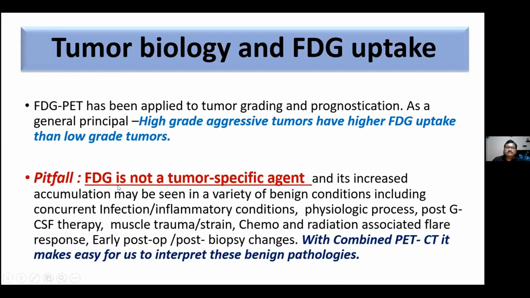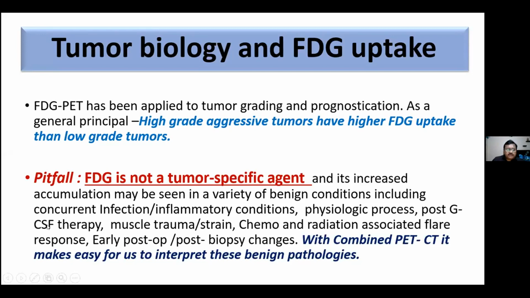Its increased accumulation may be seen in a variety of benign conditions, including concurrent infection, inflammatory conditions like tuberculosis or pneumonitis, and physiological processes. For example, in an ovulating ovary, you can see an uptake.